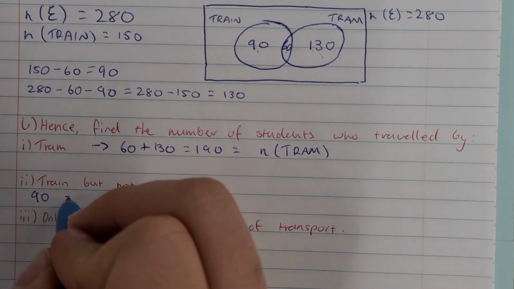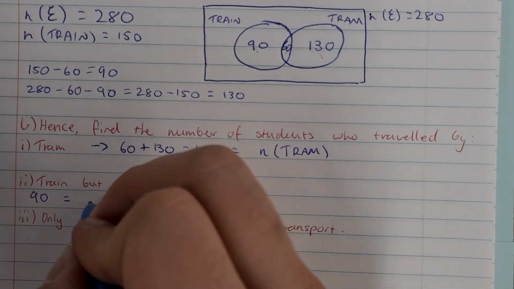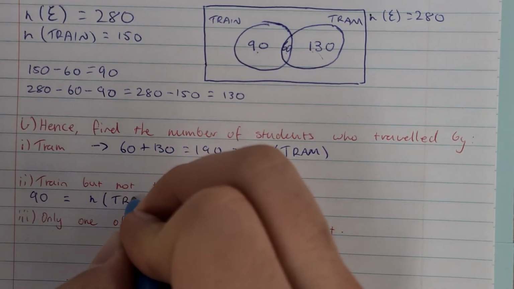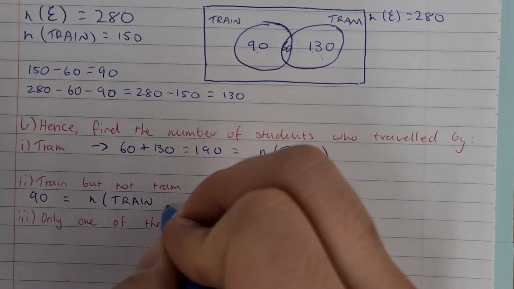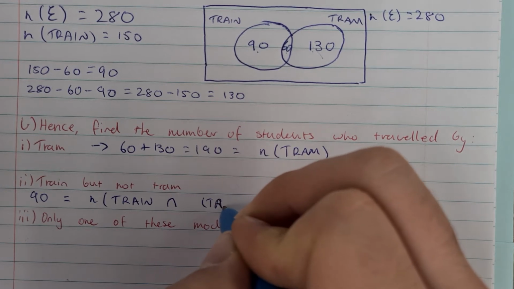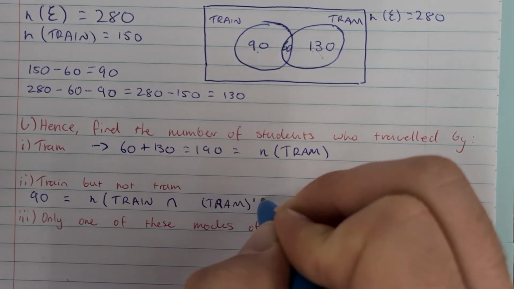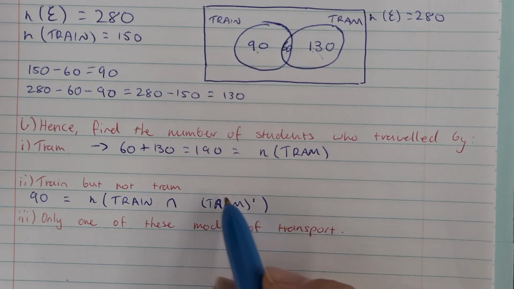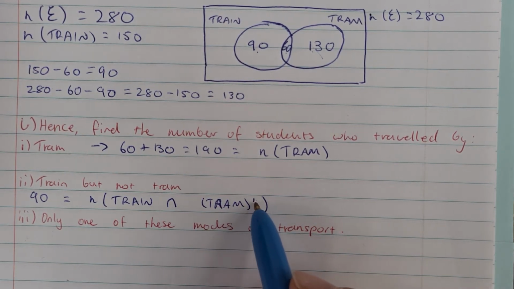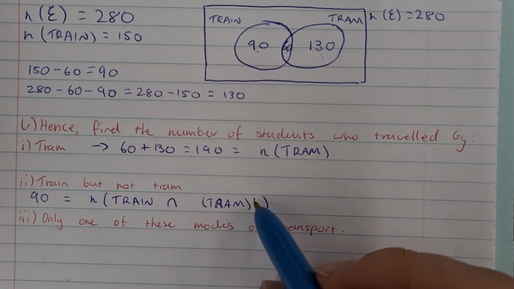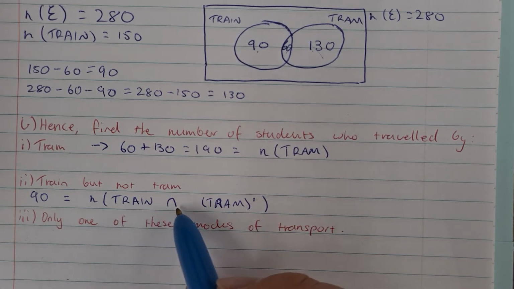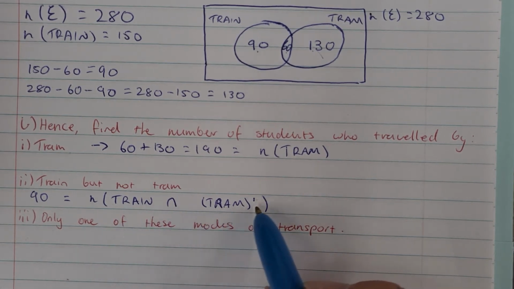The way to write this in set notation, so we've got the number of the people who travelled by train, and it's the intersection with the people who did not travel by tram. So remember, I've got this tram, I put that in brackets so you can see with our apostrophe there, which is the complement. So that's saying train intersection with not tram.